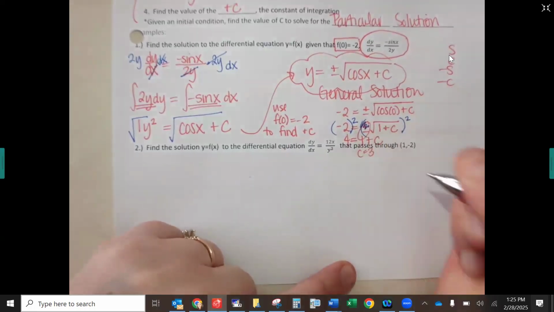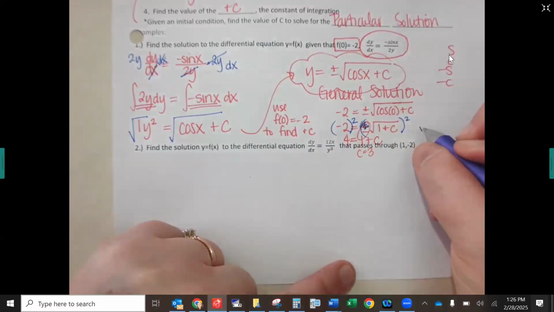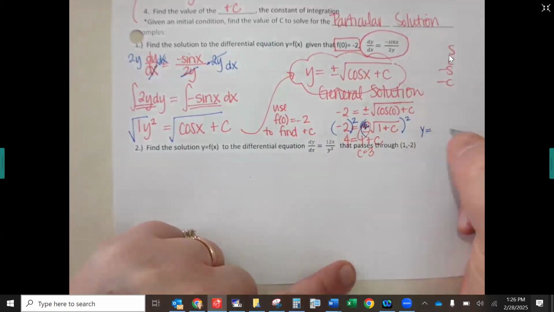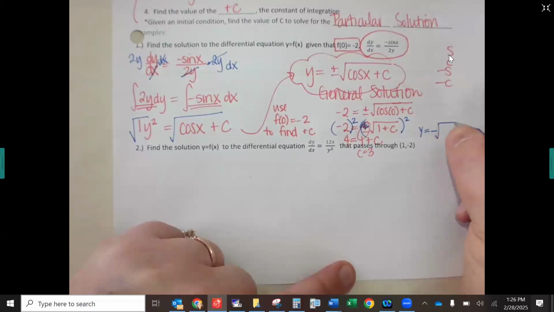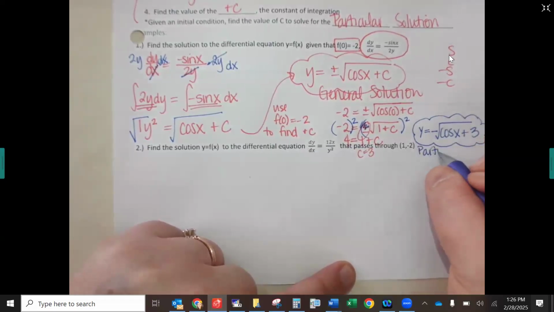Okay, now from there, let's write our particular solution. It's going to be y equals, we picked the negative square root of cosine x, and then my c is a plus 3. Okay, and that would be your particular solution.